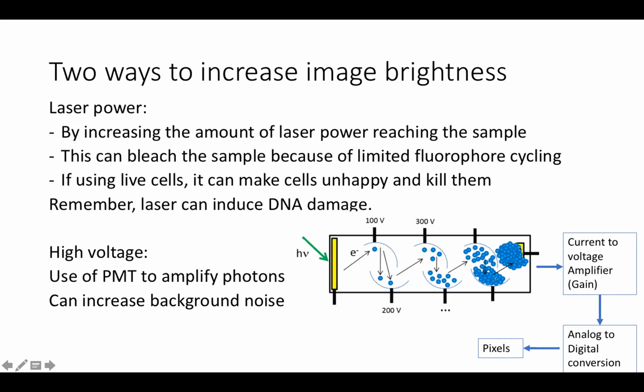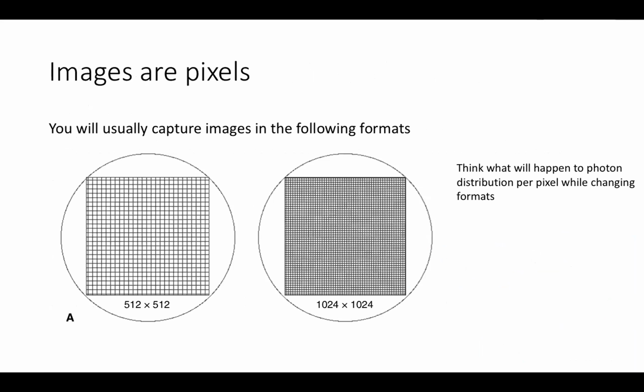Eventually, the electrons will be converted through all the electronics, which I won't talk about. But eventually, you have to convert this analog signal to a digital signal, and that will be observed in the form of pixels, right? So that's what we are looking at. In a nutshell, images are nothing but pixels.